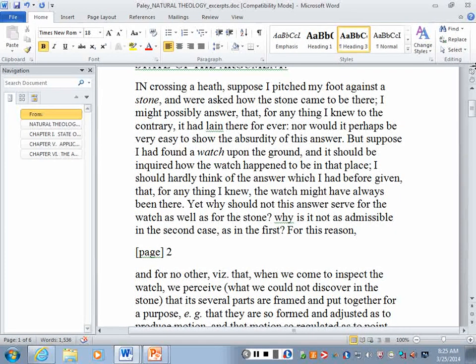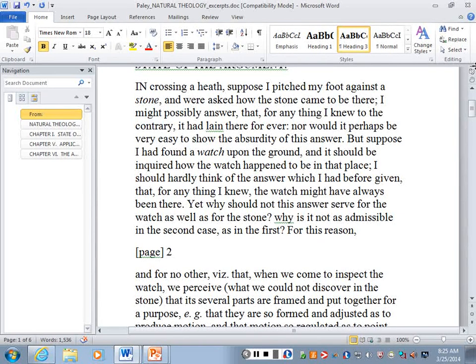I'm going to kind of read this. We're not going to read the whole thing. It would take half the period. It's about 4 pages. What I did was I cut and pasted some of the most important parts of Paley. It starts out with his noticing the watch on the heath, right?